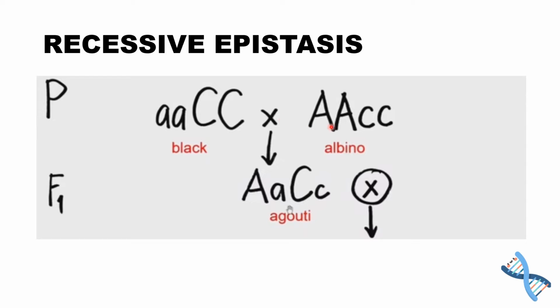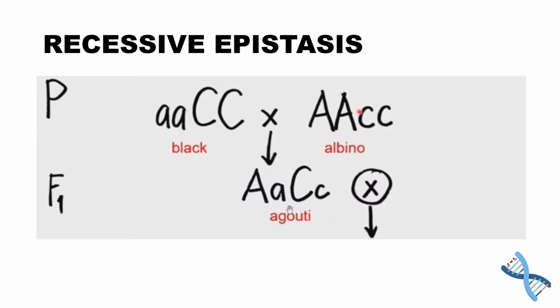Now, here, remember earlier, it was said that the dominant A will show the color agouti when a dominant A is present. Then the recessive c pertains to color inhibition.